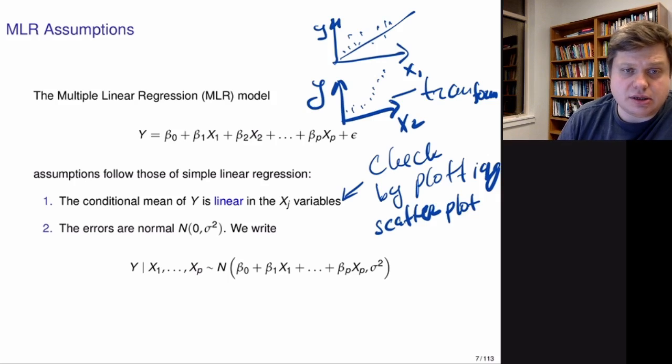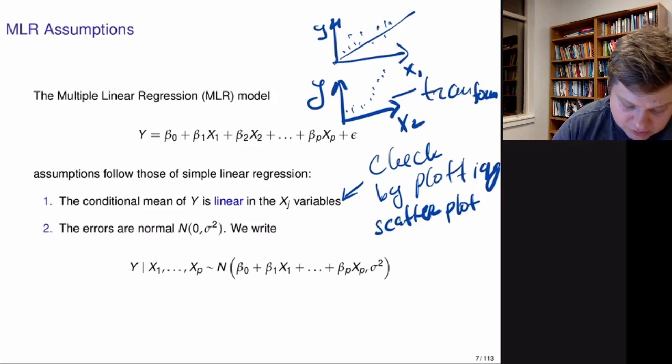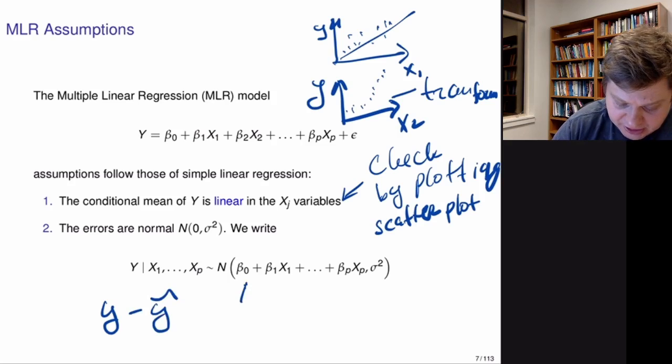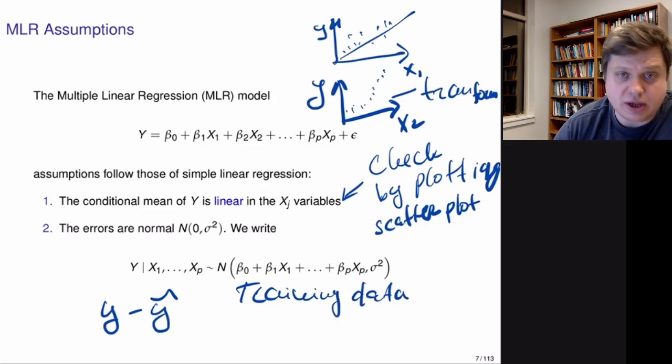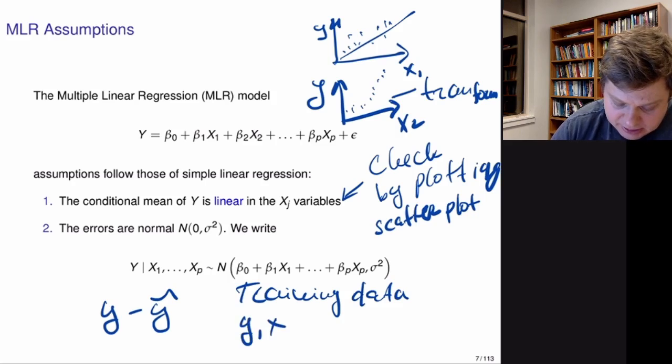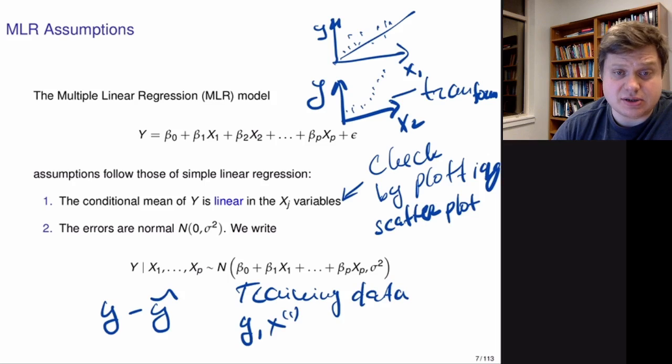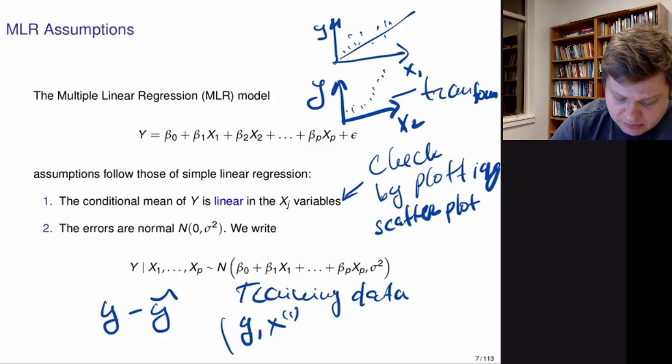And the next assumption, again, is that the errors should be normal. So if you plot y minus y hat, so let's say you have training data. Training data is just the table that you use to estimate the parameters of the model, right? And it's a sequence of pairs, y1, x1. Now x1 is a vector here, so instead of being a single number, it's a vector of numbers now, right? So y1, and then you have all the way to n training points.